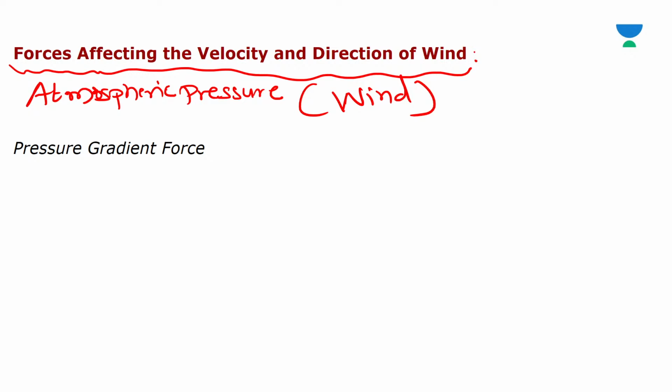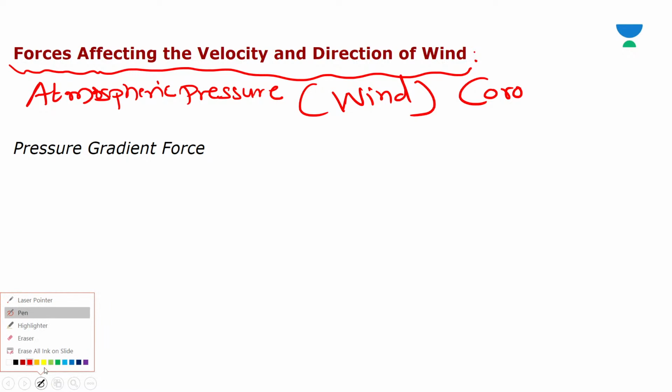In addition, the rotation of the earth also affects the wind movement. The force exerted by the rotation of the earth is known as the Coriolis force.